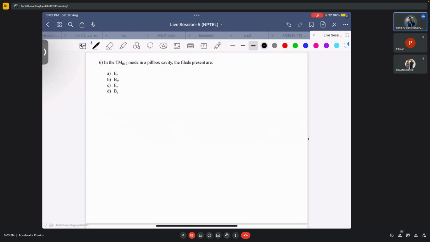Okay, then again, a simple question. Suppose we have a TM012 mode in a pillbox cylindrical cavity. Now, can you tell me the fields which are present? So we know that in TM, Bz is 0, right? Then which of the fields are present? Ez, we know Ez is present. Ez is given by this, right? But other than Ez, what field will be present?